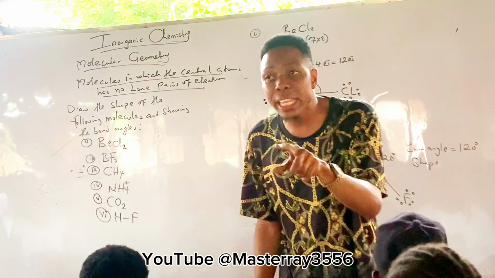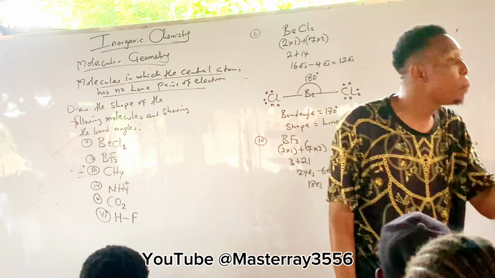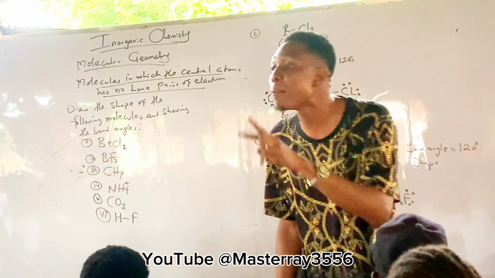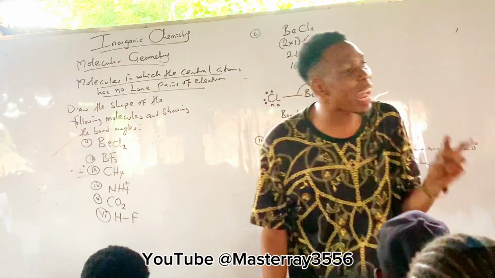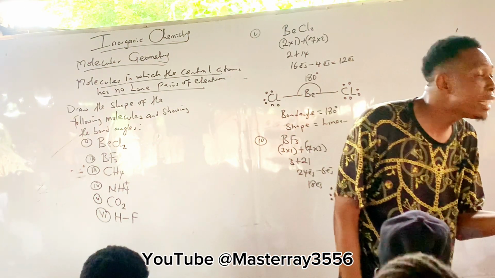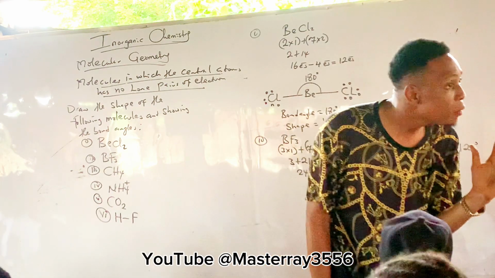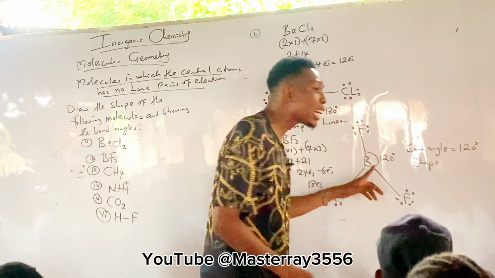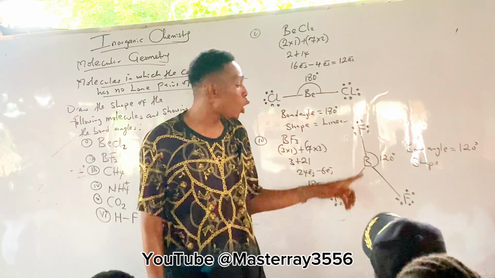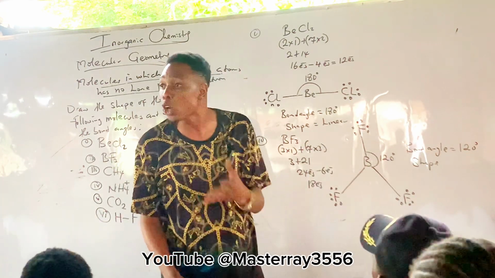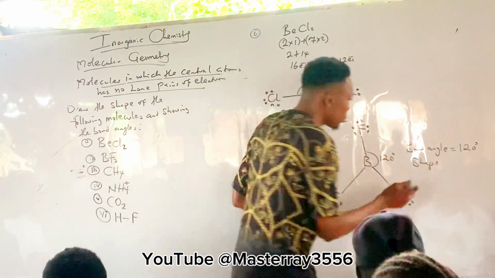If the central atom is having a lone pair, it's called trigonal pyramidal. If the central atom is not having a lone pair, it's called trigonal planar. Are you following? So this one is known as trigonal what? Planar, because the central atom is not having any lone pair.